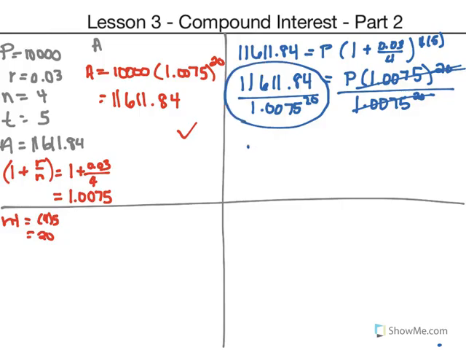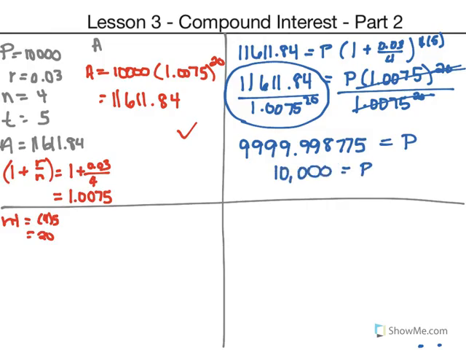And you should get $9,999.9987775 for our principal, which is rounded to be $10,000. And the reason why it doesn't come out to 10,000 on the dot is that this value is rounded.